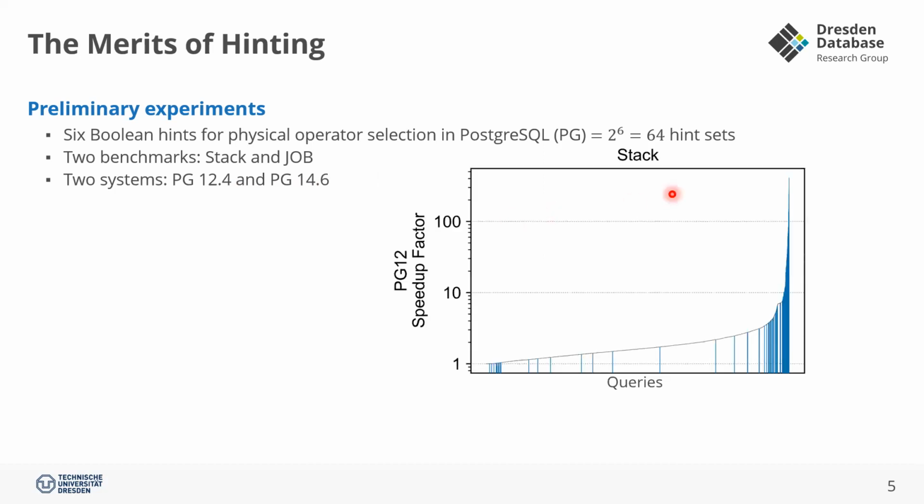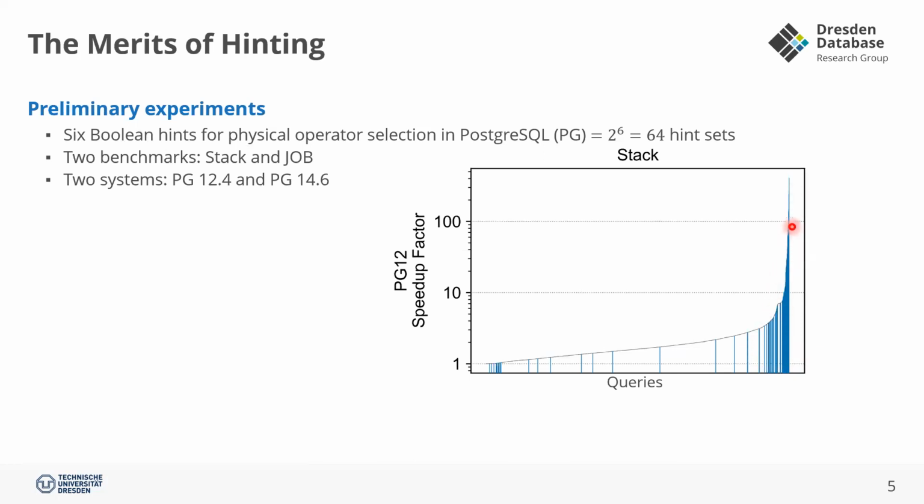And we've noticed, if you find the optimal hint set, so if you have this all-knowing oracle that tells you the perfect hint set for every query, you get a speed up for all the queries. You can see here on the x-axis the queries and their speed up if you hint them with the optimal hint set. This is done for the Stack benchmark here on Postgres 12. And you can also see that the tail queries, the blue ones, get the most speed up.